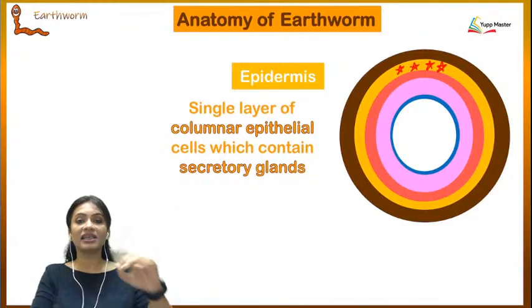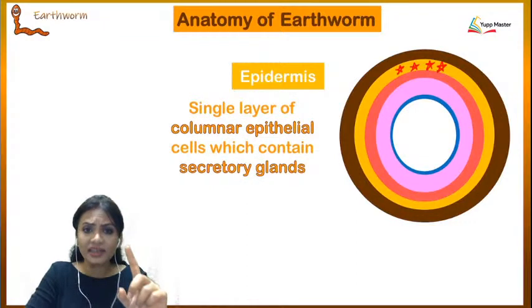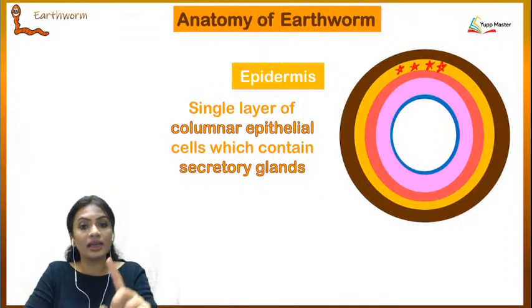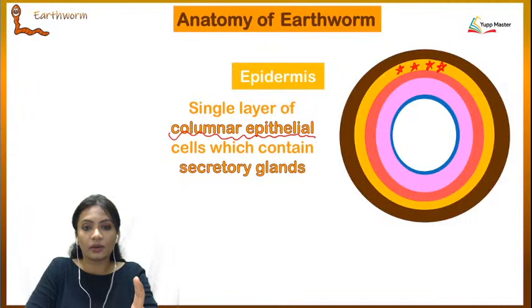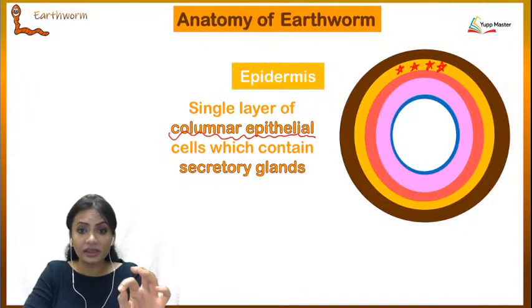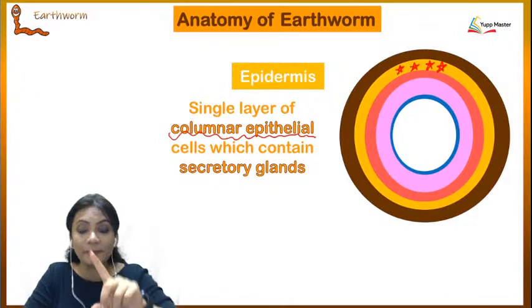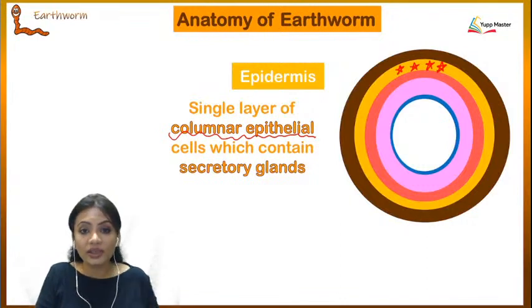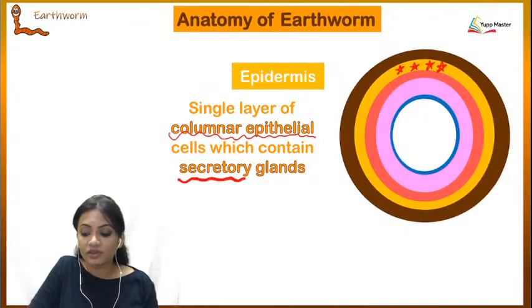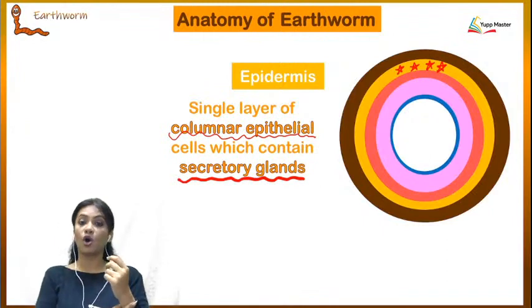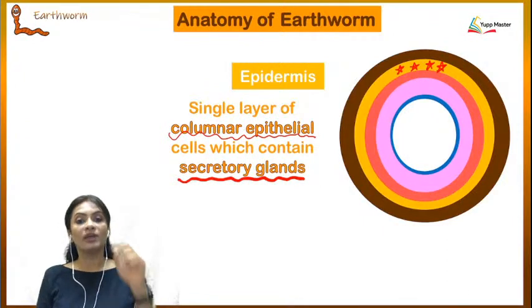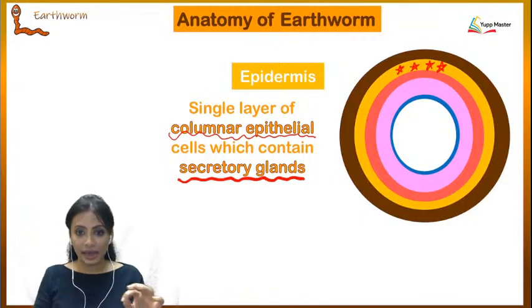It's made up of a single layer of columnar epithelial cells, and these epithelial cells contain secretory glands.